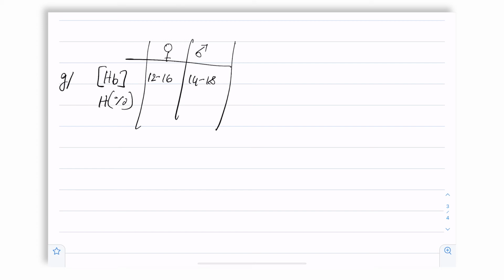This is in grams per deciliter, whereas hematocrit is 36 to 48 for females and 40 to 54 for males.